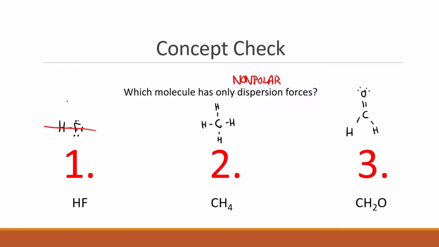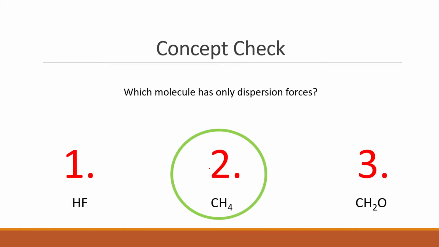HF has one line of symmetry, and that makes it polar. CH4 has multiple lines of symmetry, that makes it non-polar. But before we choose this as our answer, we should check our third option, which only has one line of symmetry, making it polar, solidifying our answer as choice 2, the only one of the bunch that is non-polar. Because the kind of molecule that has only dispersion forces are non-polar kinds.